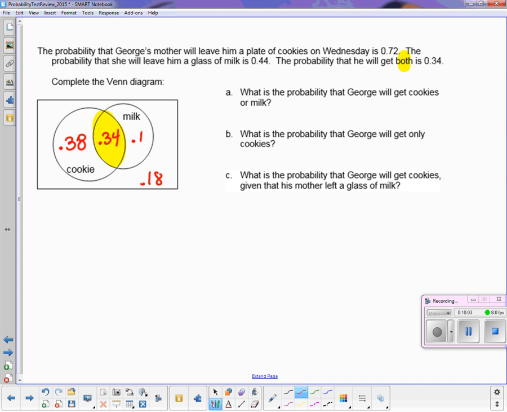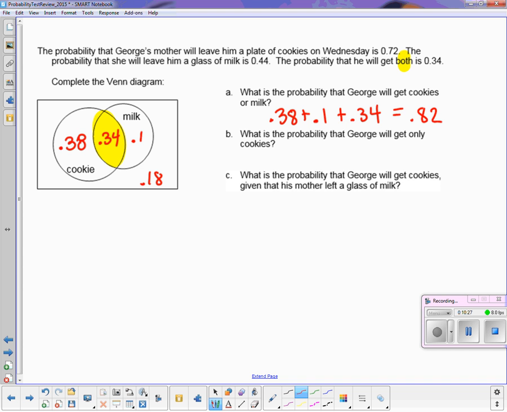How'd you get 0.72 using the Venn diagram? It's actually 0.82. What am I adding? So tell me the numbers. Yeah, I'm adding everything inside the circles. If one or the other is going to happen, it's everything inside the circles. That happens to be 0.82.